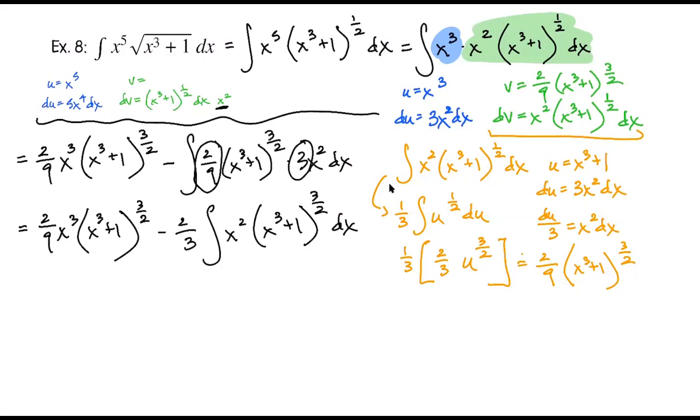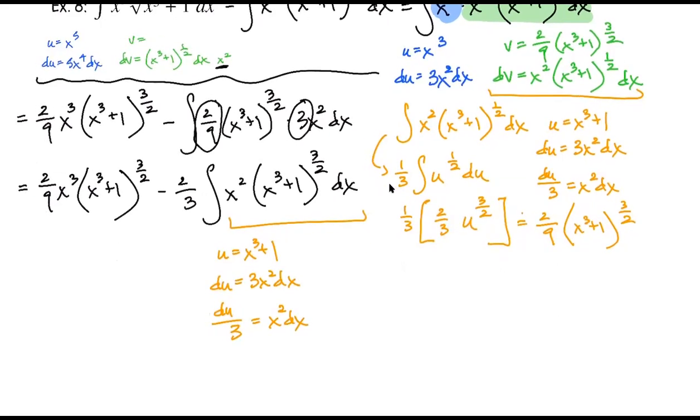So even though this first part was so much work with my u sub in the orange, I can actually use a lot of that again when I do u sub here, okay? So in order to evaluate this, I'm going to need to do u sub a second time. So u is going to be x cubed plus 1, du is 3x squared dx, and du over 3 equals x squared dx.